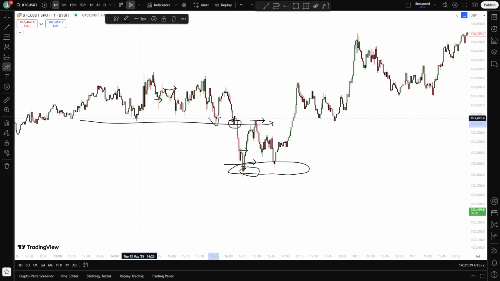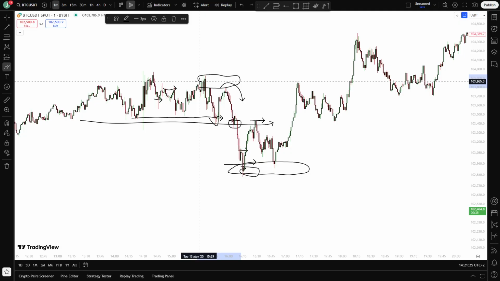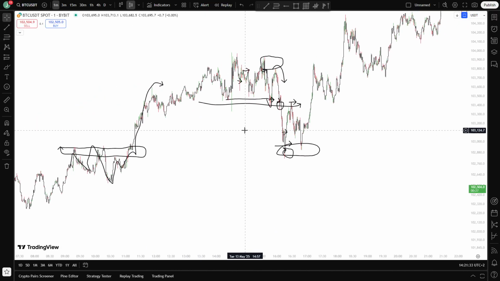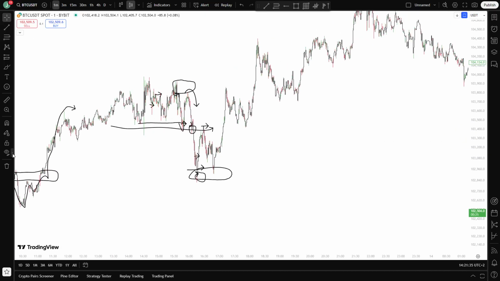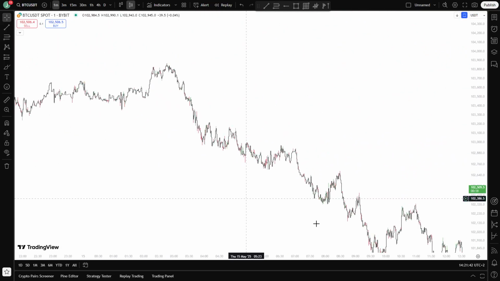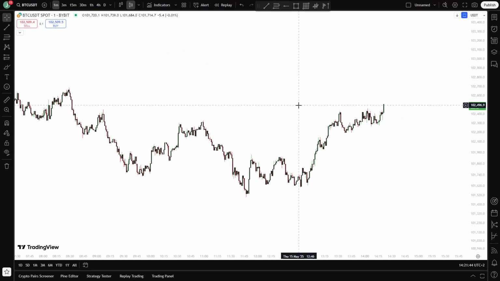So you see here, this staircase was broken, this high, coming back into that previous high. And we get the downwards move into the previous staircase. I hope this really helps a lot of you guys with the 1 minute trading. And of course, here we go. See how the low was held and we moved up.